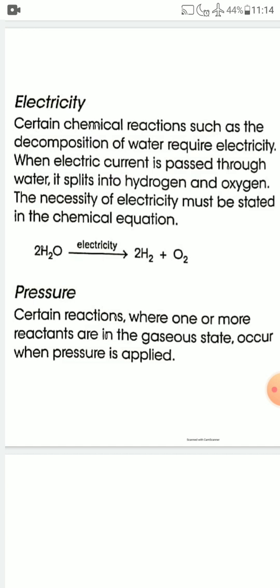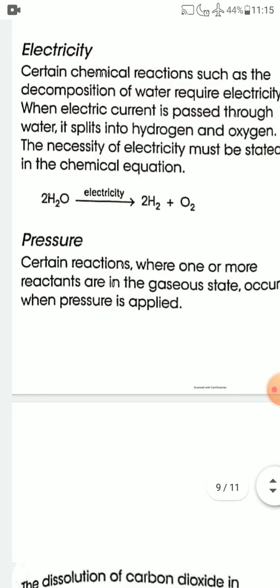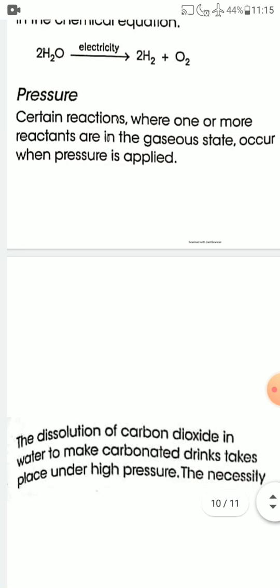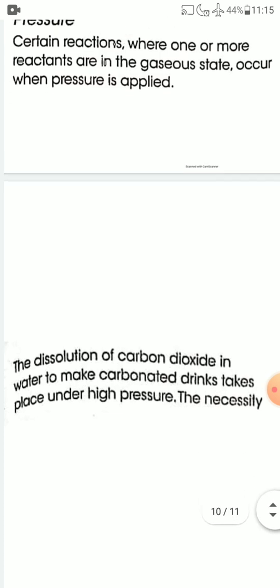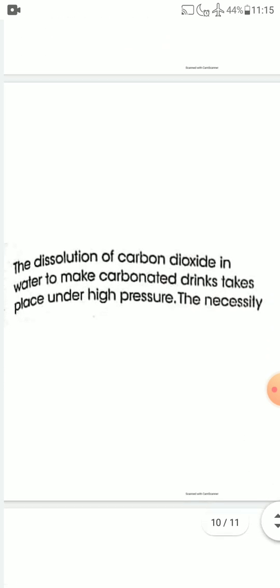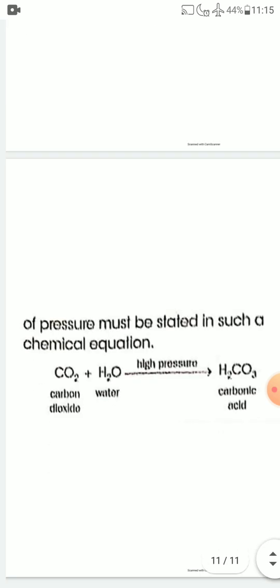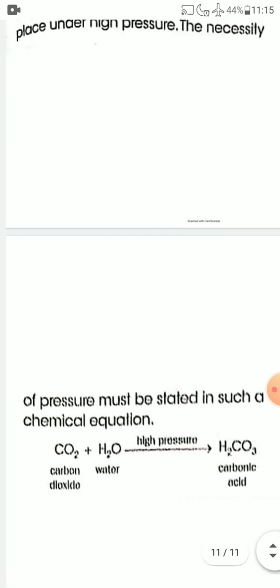So you have to mention the electricity, light, and now pressure. Certain chemical reactions where one or more reactants are in the gaseous state occur when pressure is applied. For example, the dissolution of carbon dioxide in water to make a carbonated drink takes place under very high pressure, and the necessity of the pressure must be stated in such chemical equations.